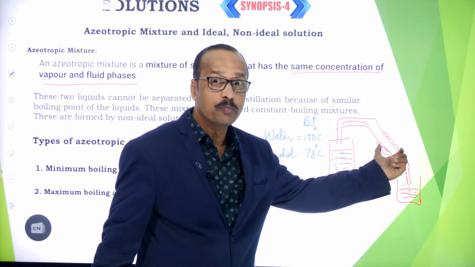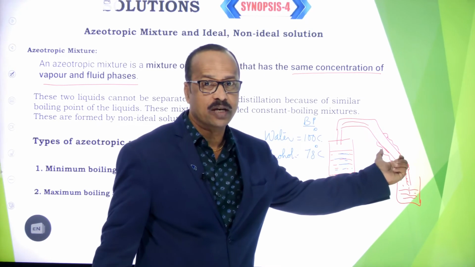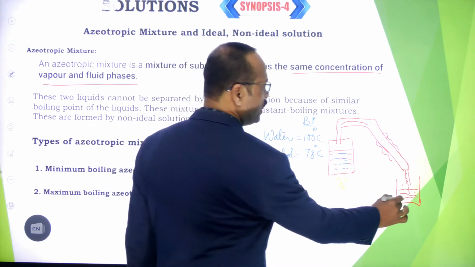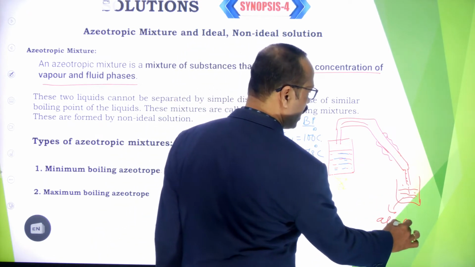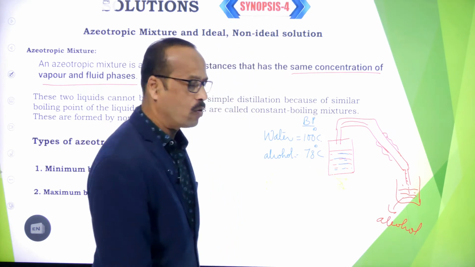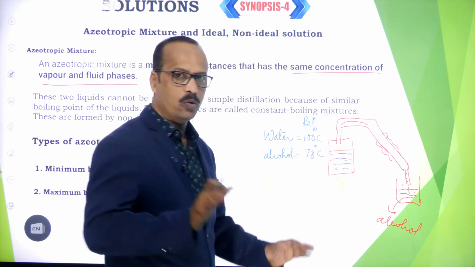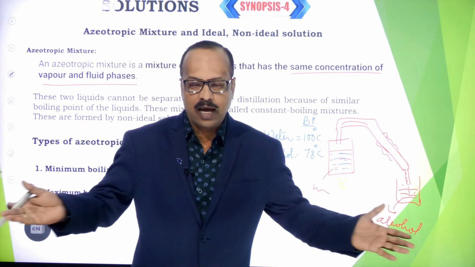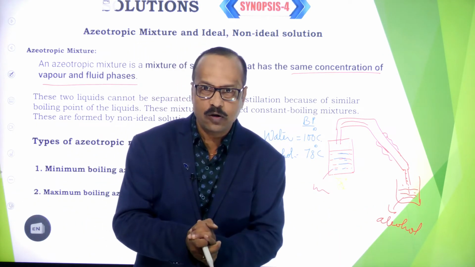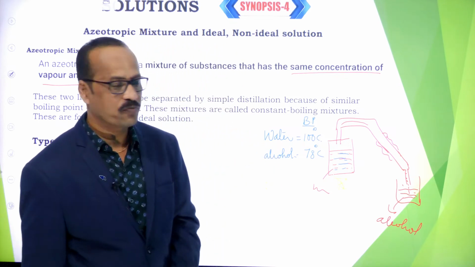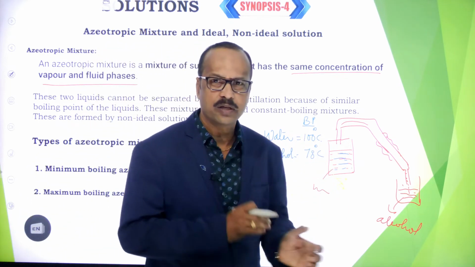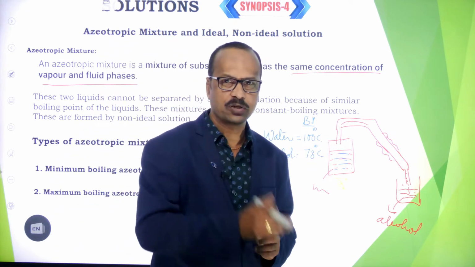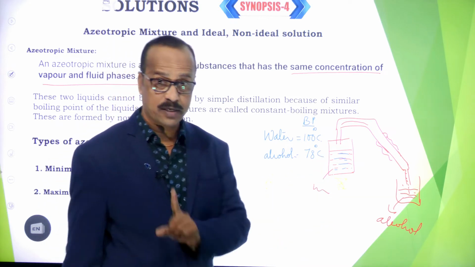After coming here, I'm cooling, which means condensation, so the vapor is converted to liquid again. Here I get only alcohol, and only water remains in the flask. So both got separated. This is called fractional distillation. Fractional distillation is used when the boiling temperature difference between two liquids is less than 25 degrees, as you can see in your textbook. So by this we can separate them, right?